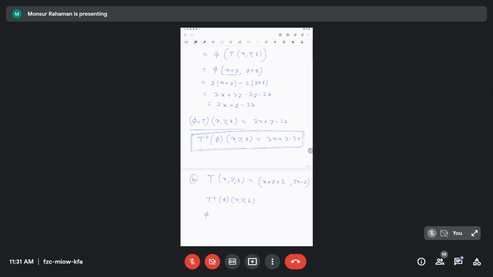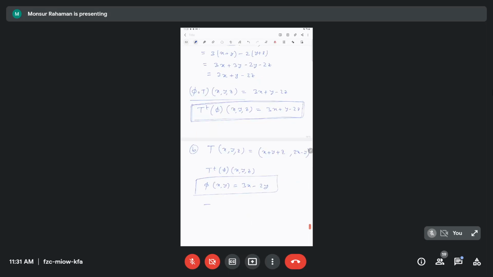Phi is the same, phi of (x, y) is 3x minus 2y. Just remember this one: T transpose phi is nothing but phi compose T.